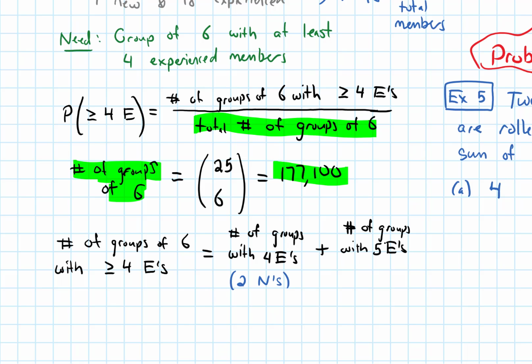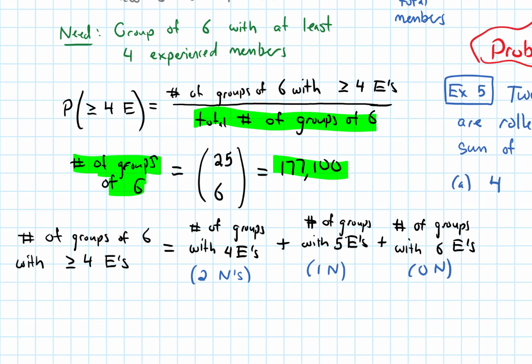If there's 5 experienced members, that means there's 1 new person. And then add that to the number of groups with 6 E's. And in that case, there would be 0 new members. All right, so let me shift this over a little bit.